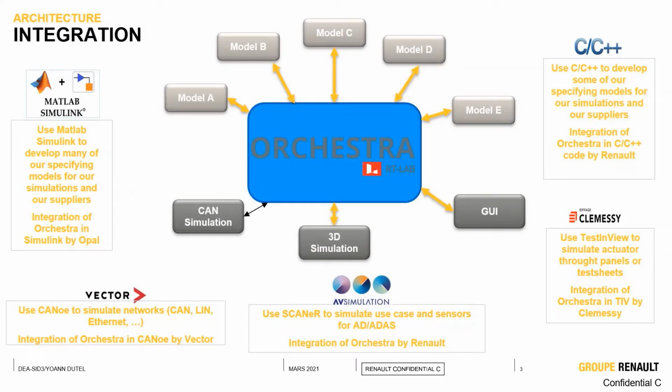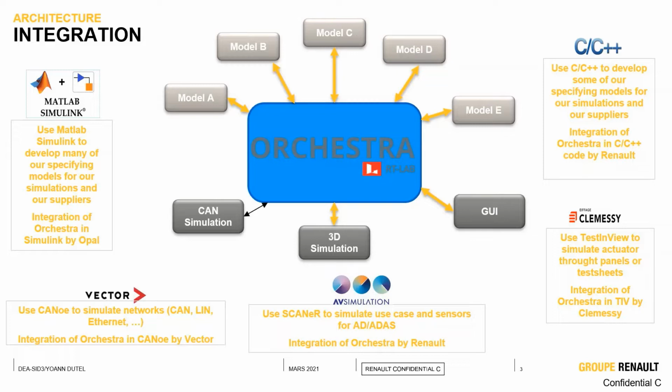As I said, RT Lab Orchestra is the heart of our simulation platform. We connect to Orchestra all our ECU models, which are made by Simulink or C++, compiled as executable, and for Simulink compiled as executable by RT Lab. We also connect a simulation of the network, like CAN, LIN, or Ethernet.